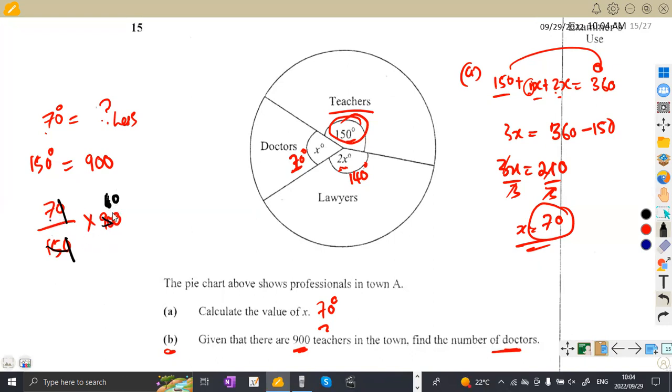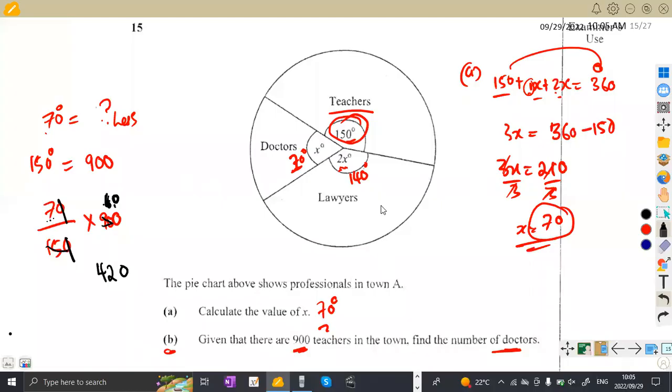Then we can multiply by 7 here, which is 42. So it's going to give us 420 from this part. Actually, that's what you're going to obtain, which means we are obtaining the number of doctors directly. So it means they are going to have 420 of them from this information.